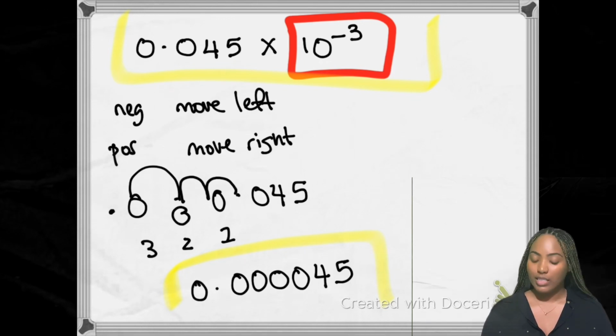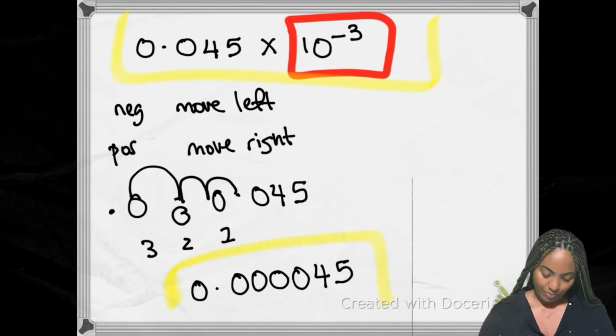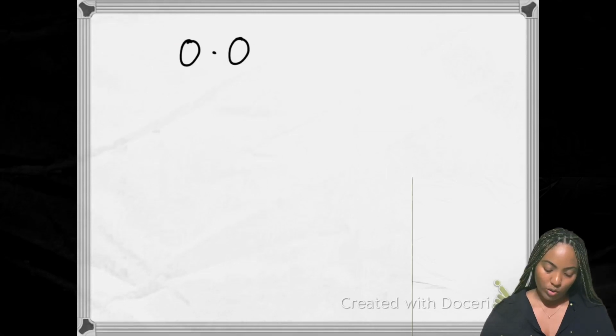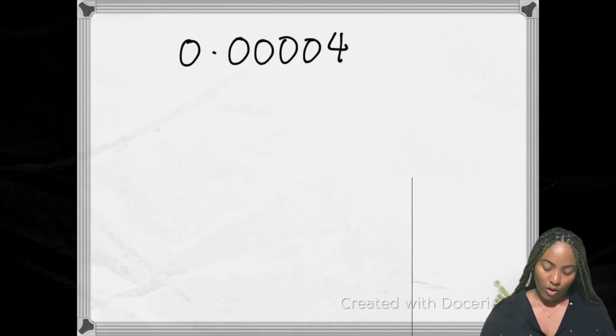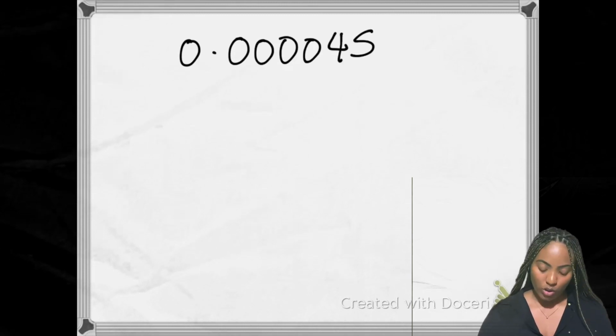It's just represented up the top using powers of 10, and on the bottom it is in standard form. So taking that into consideration, we have 0.000045, and that is what we really need to put into scientific notation.